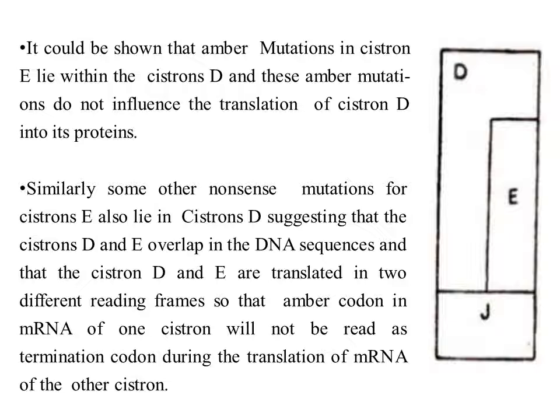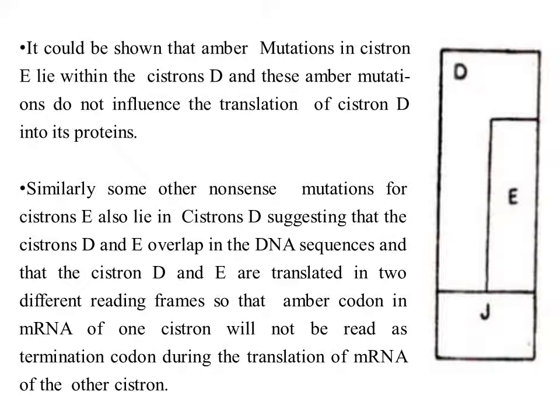But such things will not happen in nature because of change in the reading frames of the two overlapping genes. The reading frame of E will be different and the reading frame of D will be different, and by having two different reading frames it avoids this problem. For example, ABCD is a sequence of genes present.